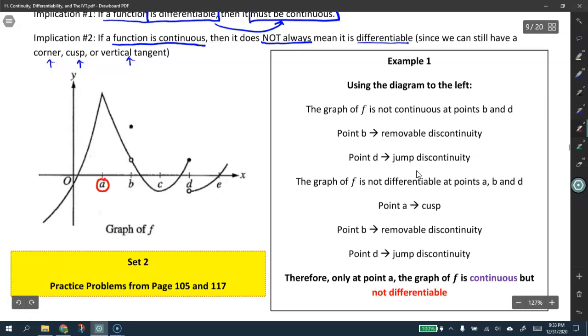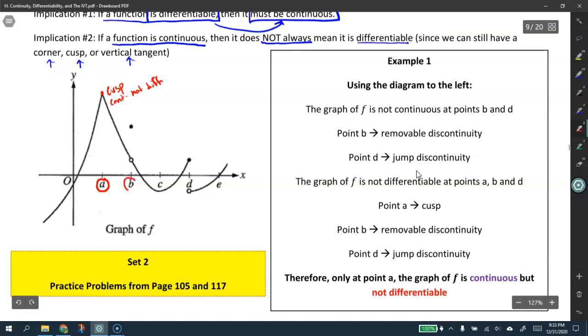Let's take a look at point A. What would you have said before this lesson? You would have said that at point A there is a corner or a cusp, right? So what we can say at point A is it is still continuous, but it's not differentiable, right? It is still connected, but you cannot take a derivative there.